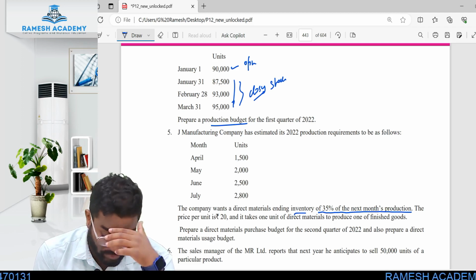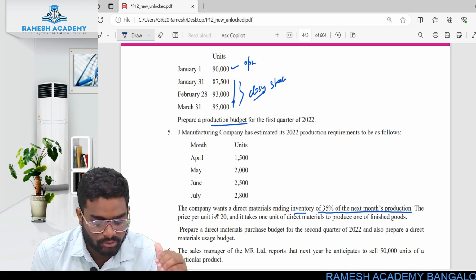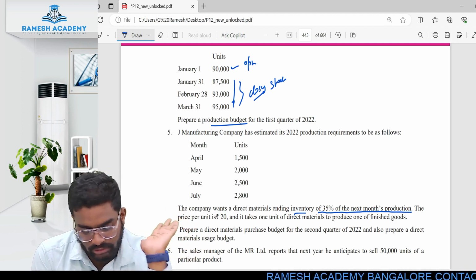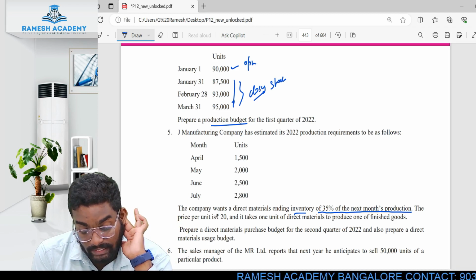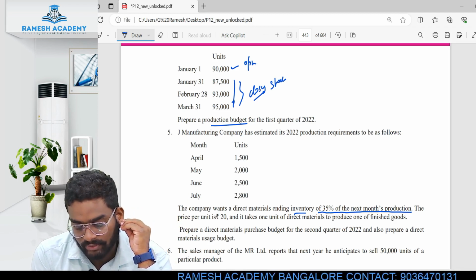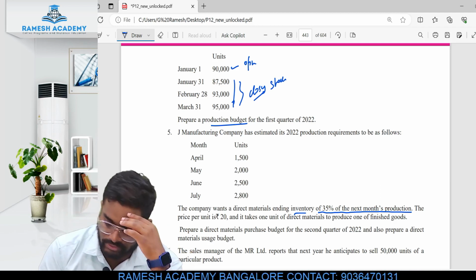So production they have given: 1500 in April, 2000 in May, 2500 in June and 2800 in July, and they want that direct material closing inventory should be 35% of next month production. So your closing stock should be 35% of next month's production, the material.